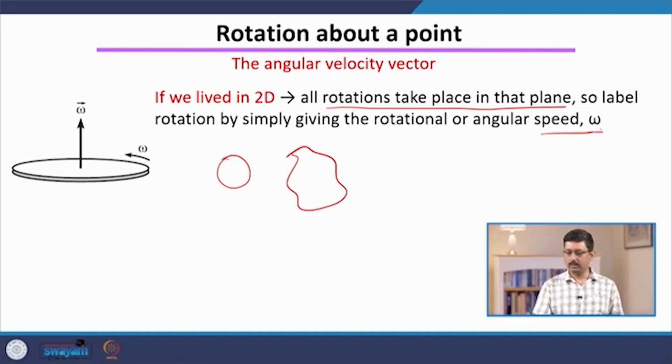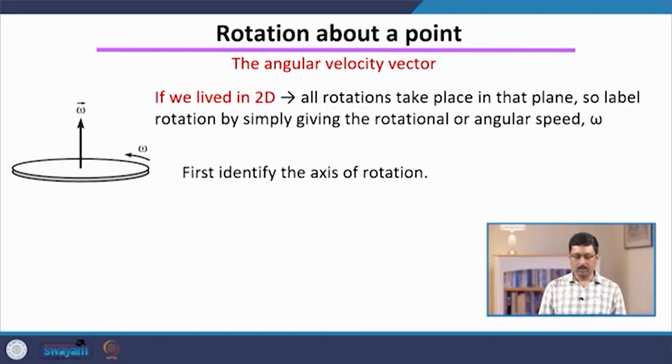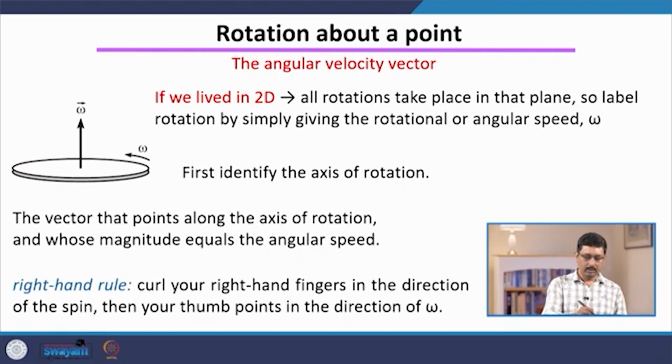So, you can pretend that the angular velocity is just a magnitude. How to describe it? First we identify the axis of rotation, such as the one shown here. Then consider a vector whose magnitude is the angular speed omega and whose direction is along the axis of rotation. Remember that the axis of rotation by definition is fixed, so the direction is fixed.